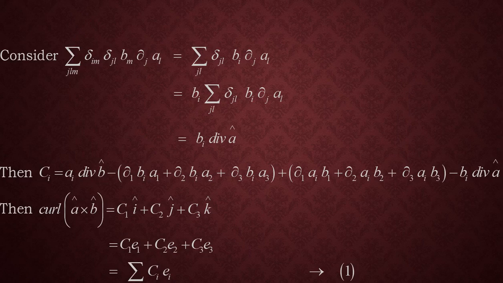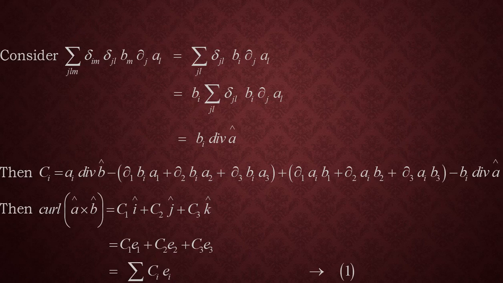So, after substituting m equals i, part 4 becomes summation sigma over j, l delta_jl b_i ∂_j a_l.